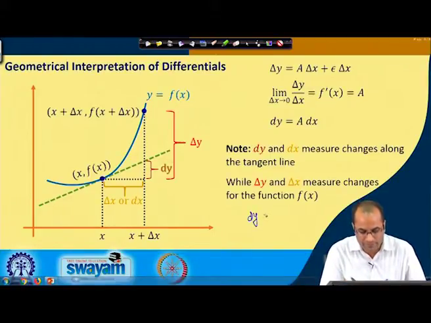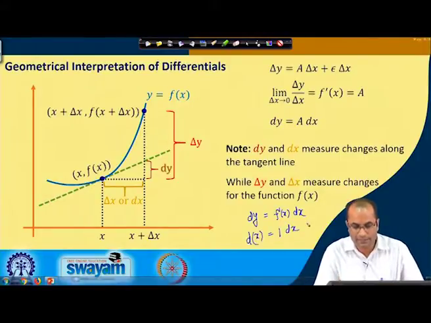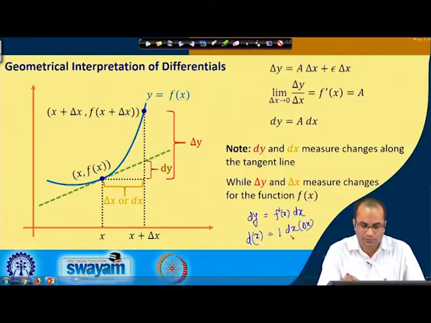So, there is a difference, or from the formula itself we can observe, because we have this definition dy is equal to the derivative f prime x and dx, and if we substitute y is equal to x, then the derivative will be 1 into dx or delta x. Because this was originally taken as the linear term which was a times delta x, originally defined as f prime x delta x.